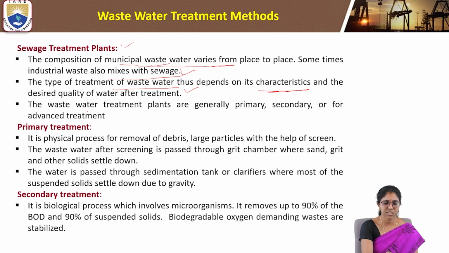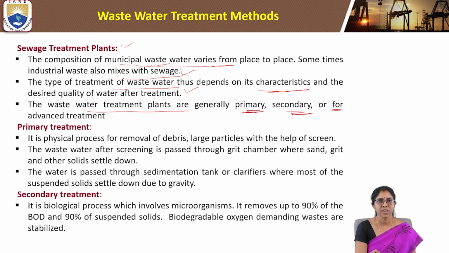The wastewater treatment plants are generally primary, secondary, or for advanced treatment. Primary treatment is a physical process for removal of debris and large particles with the help of screens.